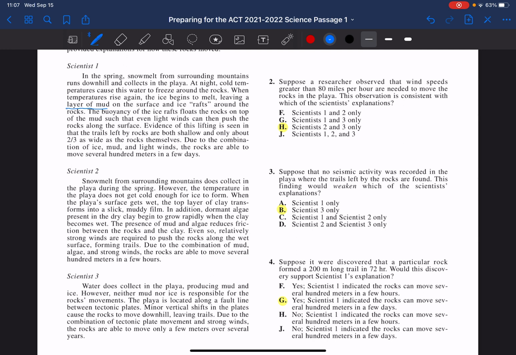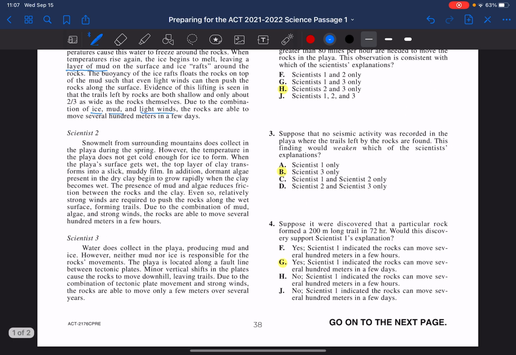And the buoyancy floats the rocks on top of the mud. And then as it goes down, it says the trails left by the rocks are shallow and only about 2/3 as wide. And they give us the combination of ice, mud, and light winds. So that's what scientist 1 believes is the cause for why these rocks move.